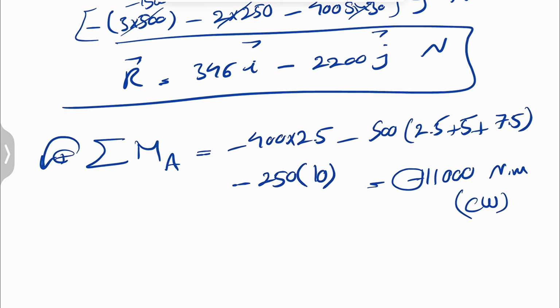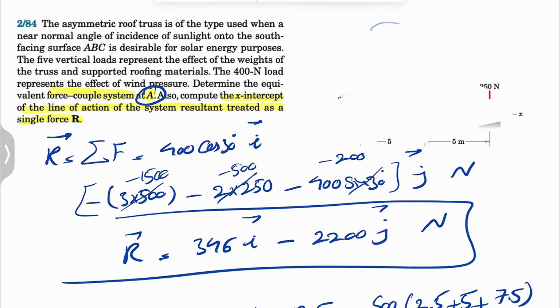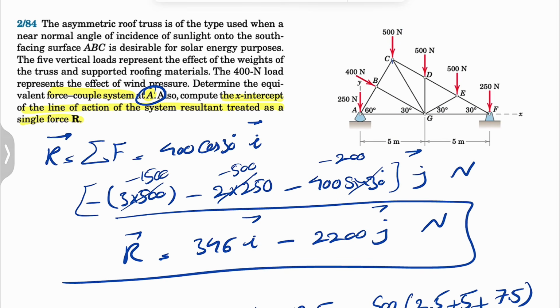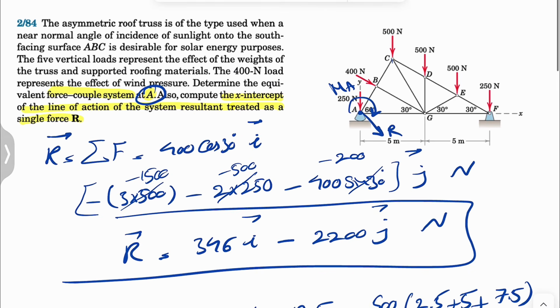So that's our force couple system. We can replace all of these forces with one single force, the R that we found, in this direction, and one couple about A, or MA, which is negative 11,000 newton meters. That was the first part of the question.